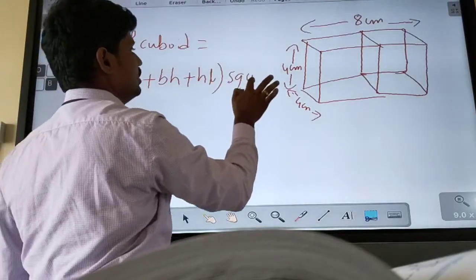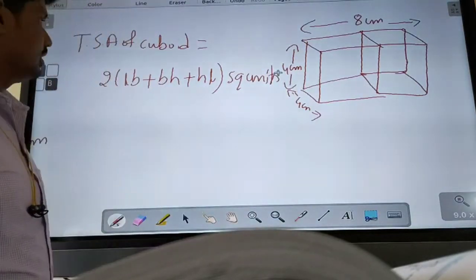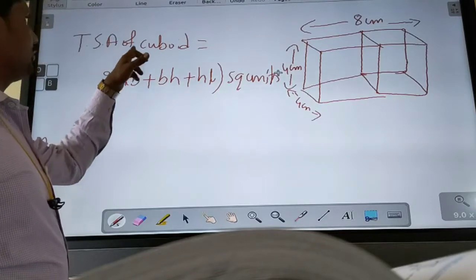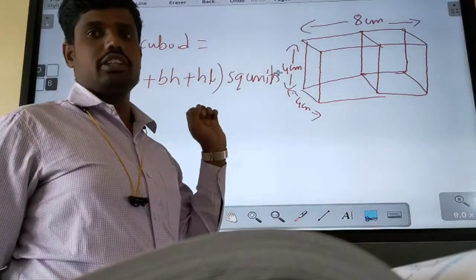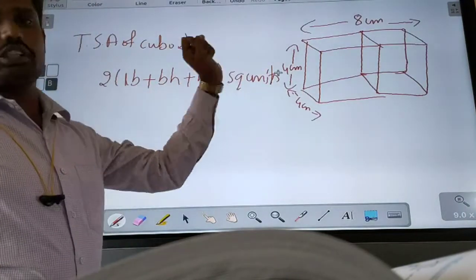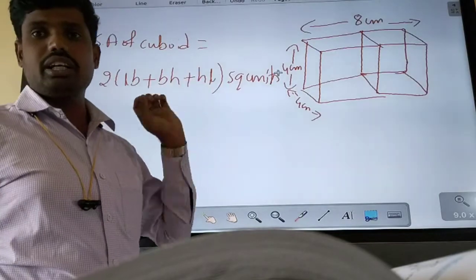Using this formula to solve the problem, children. TSA of cuboid is equal to 2(lb + bh + hl) square units, where l indicates length of the cuboid, b indicates breadth of the cuboid, h indicates height of the cuboid.